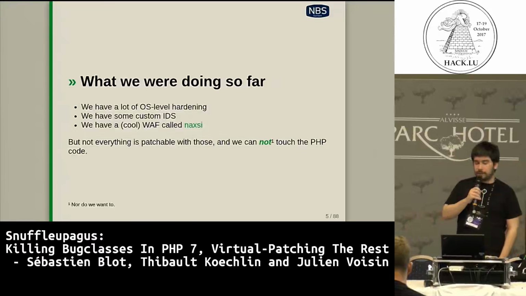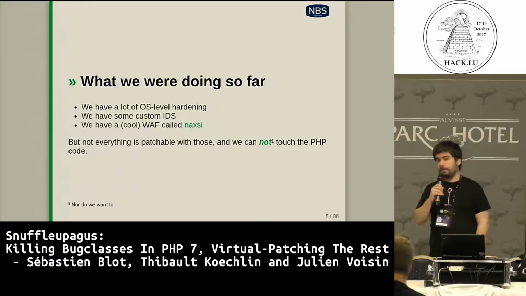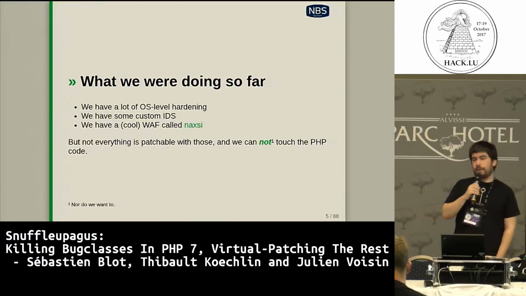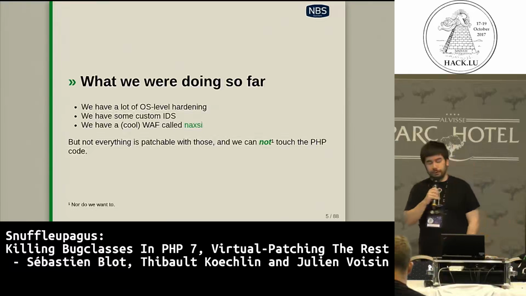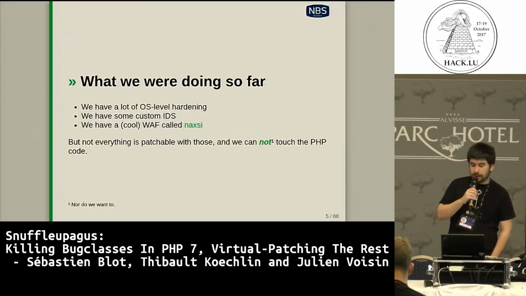Currently we already have some level of OS hardening with PaX and grsecurity, for example. We also have a lot of custom IDS on the client web server to detect attacks. And we also use a WAF that we wrote for Nginx called Naxsi.